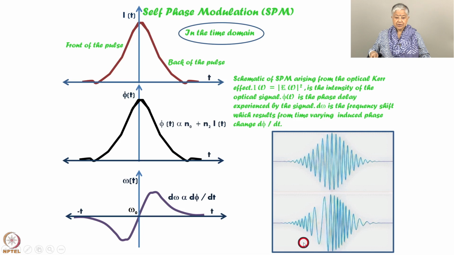This is a way of representing it. This is what has happened. The electric field looks like this somewhere here, because the frequency has changed here, while here it has become a bit closer. That means the frequency has become higher. So at the rising part of the pulse, which corresponds to an intensity here, the frequency has changed. At the falling part of the pulse, again the frequency has changed.